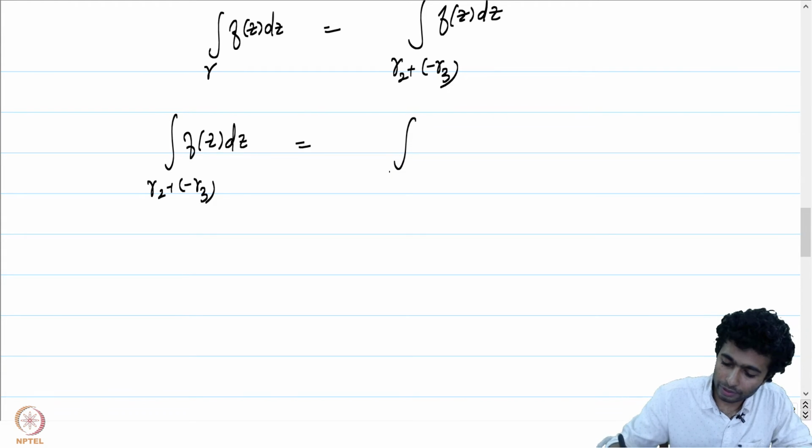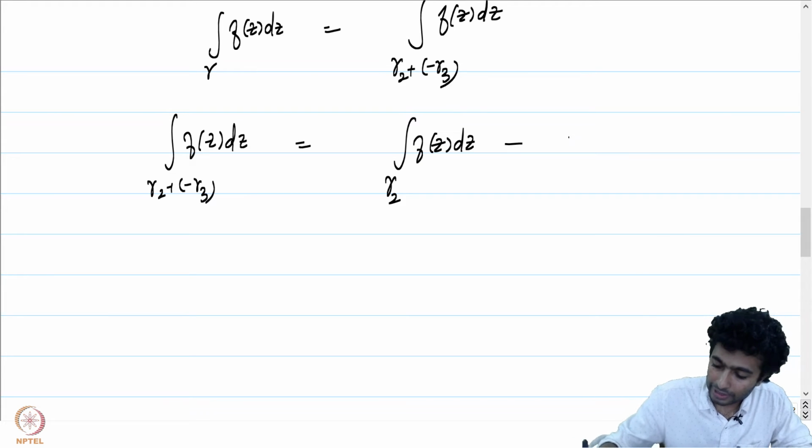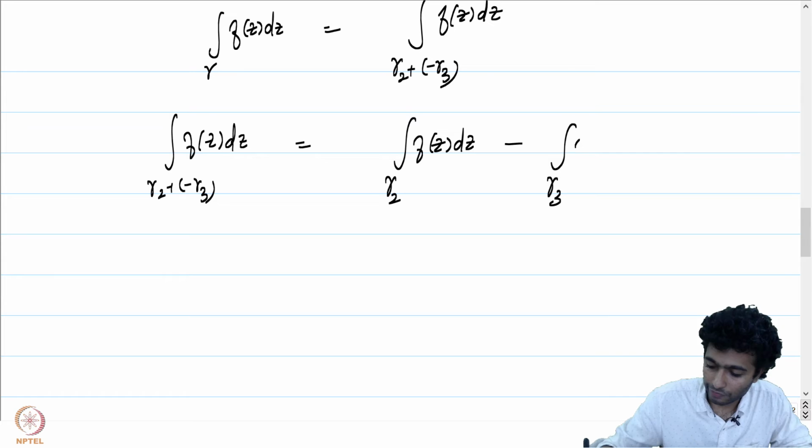Let's focus on this. This is equal to the integral over gamma 2 of f of z dz minus the integral over gamma 3 of f of z dz.